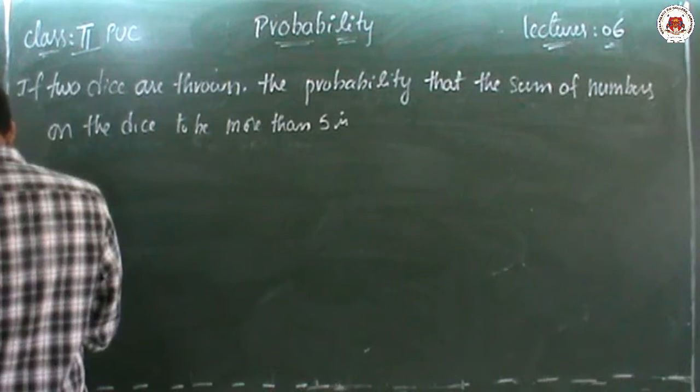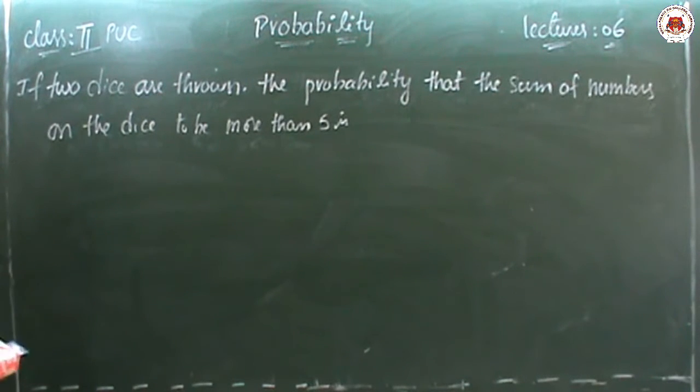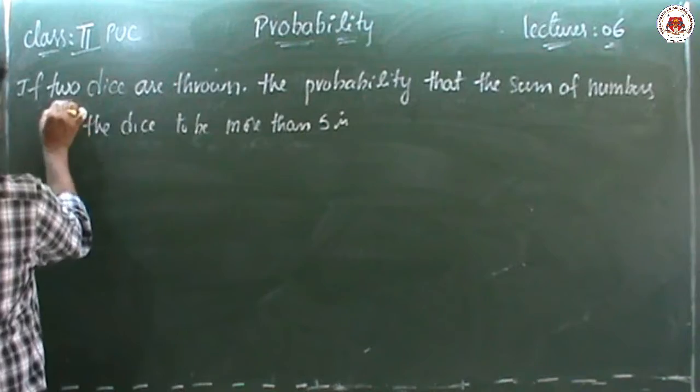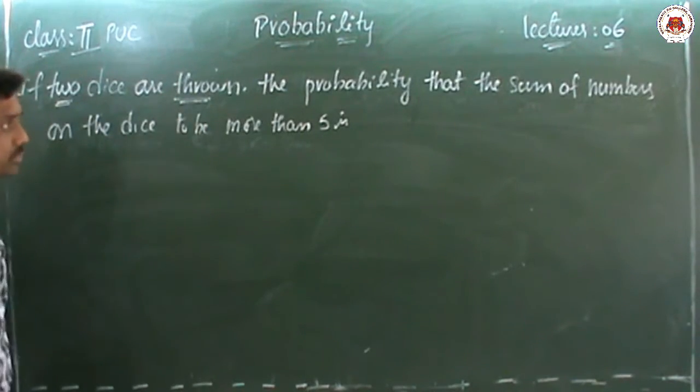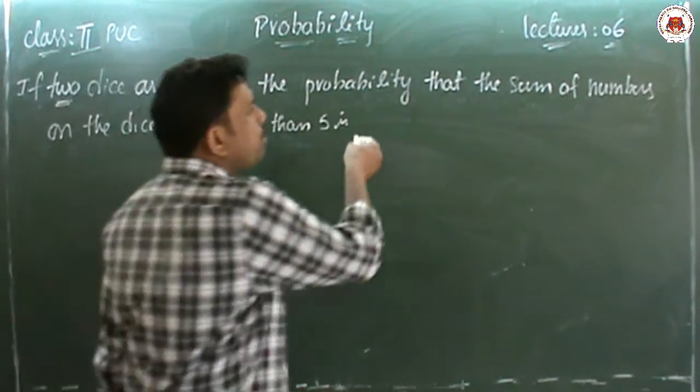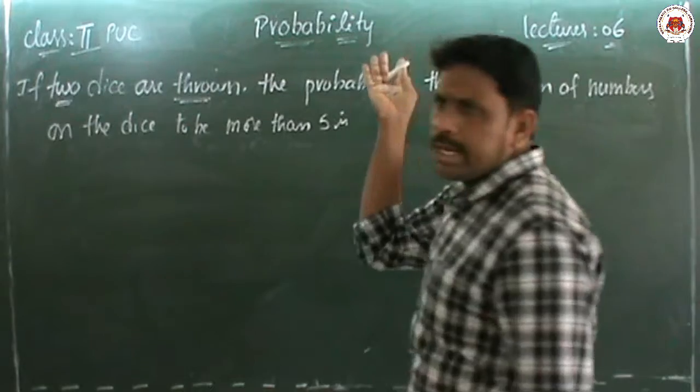Same model question. This one was asked in the 2015 Common exam. See children, same model. Just we did 2 dice are thrown. But here the question is the probability that the sum of numbers, same to same.